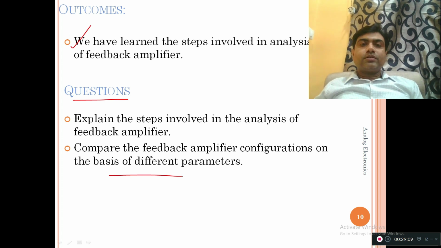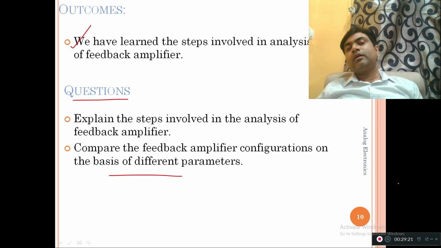We will be discussing the other topologies as well, and we will apply today's discussion to see how we can use these steps to find the solution for other configurations as well. So today this is over for the voltage series configuration.